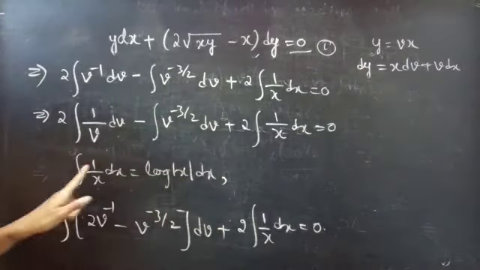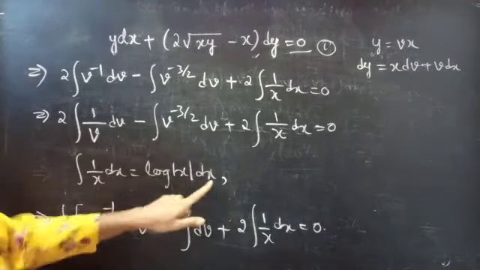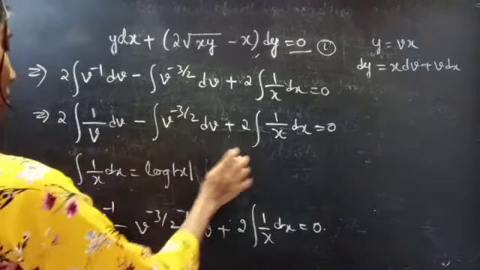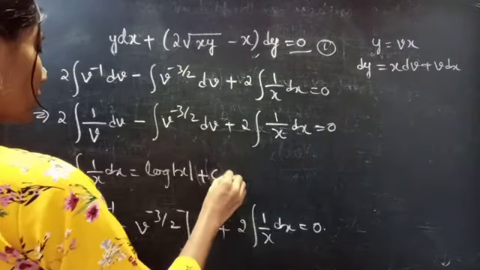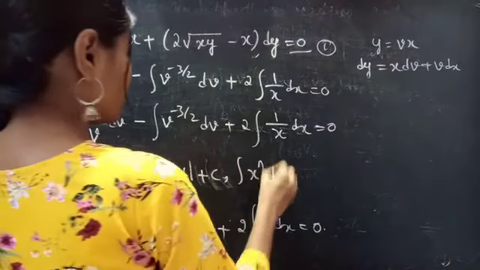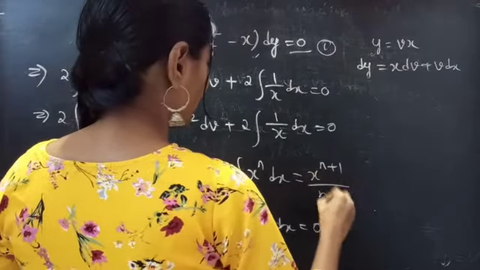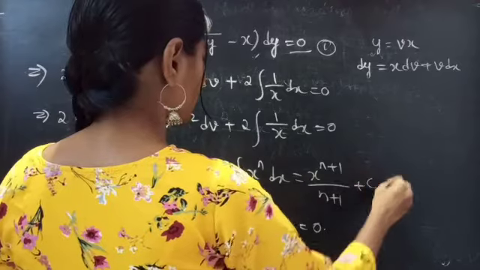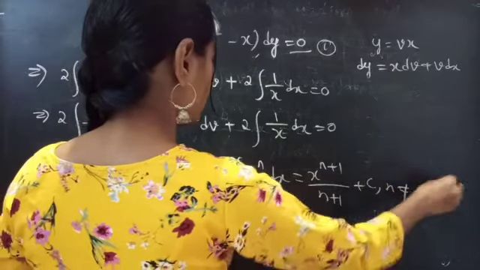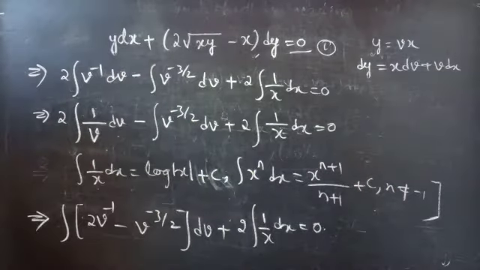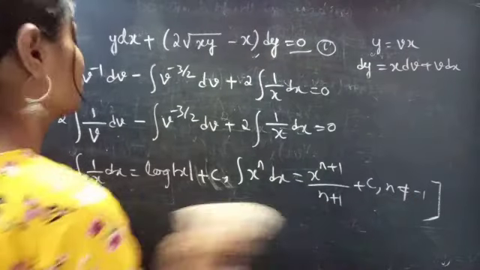We have integral 1 by x dx is log mod x plus integral constant, and integral x power n dx equals to x power n plus 1 by n plus 1 plus integral constant c for n not equals to minus 1. We are going to use these two formulas.